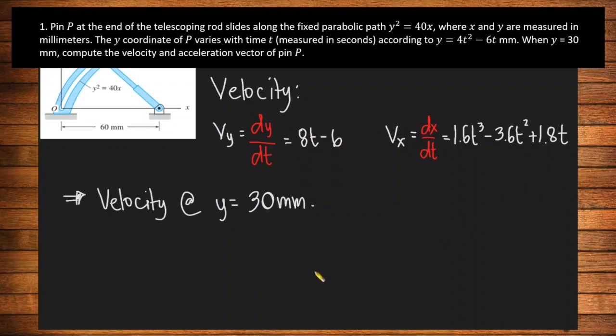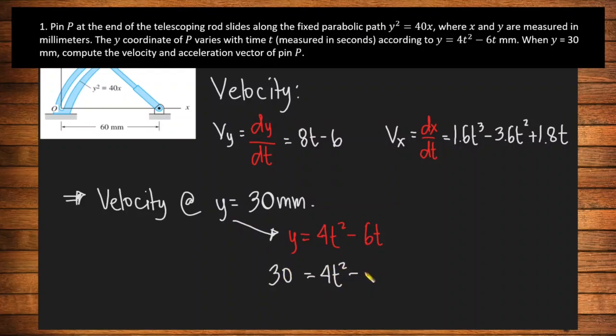Kailangan natin hanapin muna yung time. Okay? So, the time that it will take for the pin P to reach y equal to 30 millimeters. So, yung gagawin natin, we will take the y component of our position vector. So, y equal to 4t squared minus 60. And then, isa-set lang natin yung y coordinate natin equal to 30 millimeters.